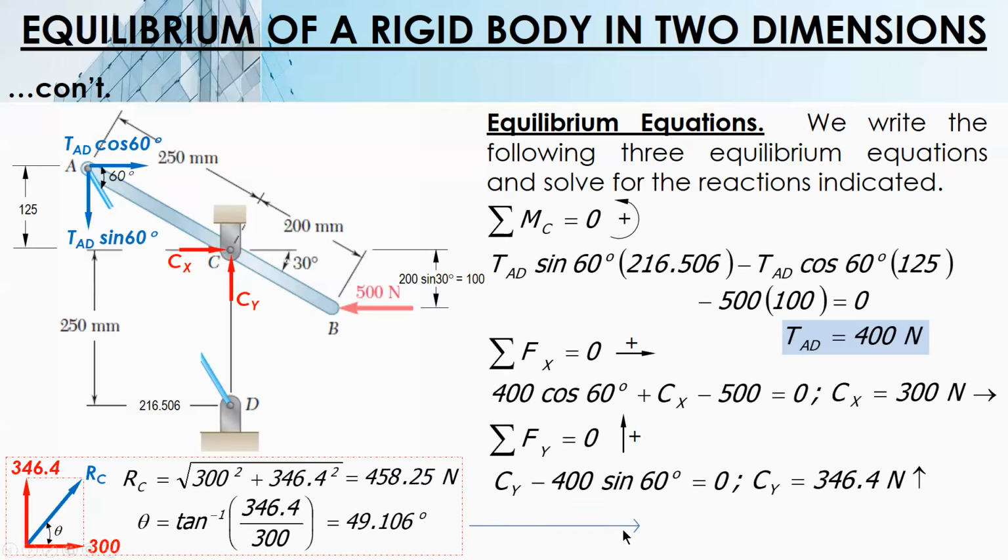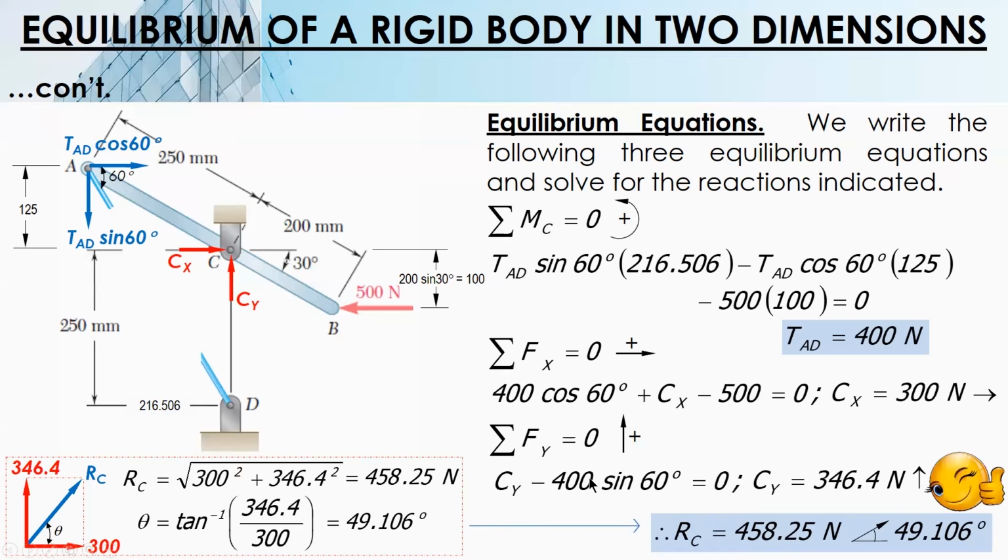Therefore, this is our RC. 458.25 newtons, a direction of 49.106 from the positive x-axis in a counterclockwise direction.